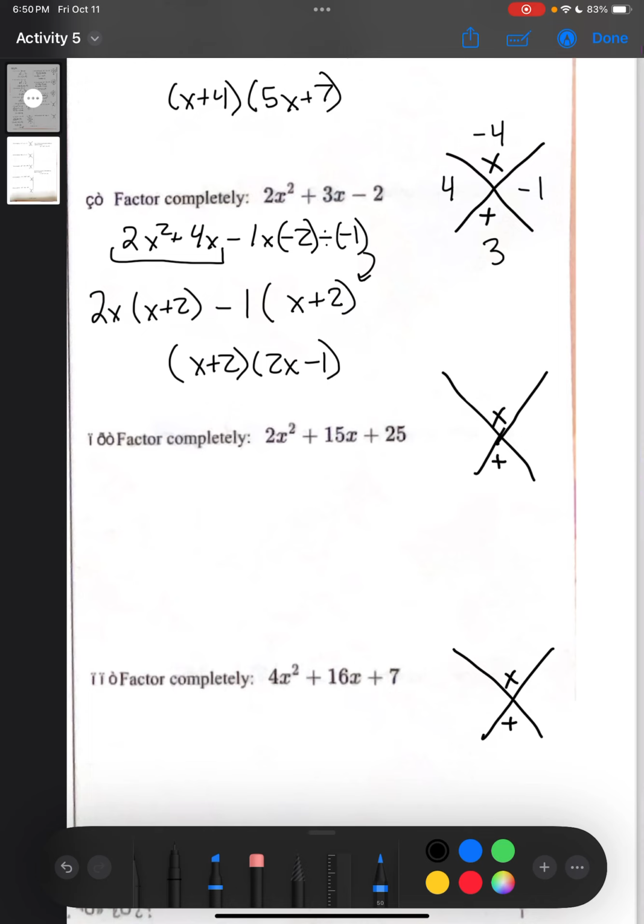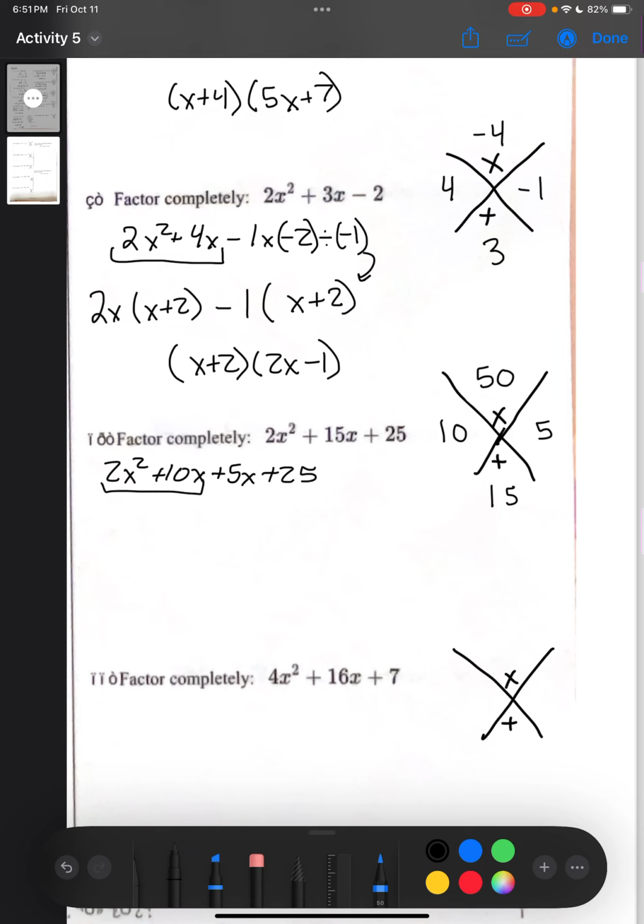All right, on to the next factoring, we are trying to get numbers that multiply to 50 and add to 15. This one would be 10 and 5. Again, we are splitting it up in the middle. So this is now plus 10x plus 5x plus 25.